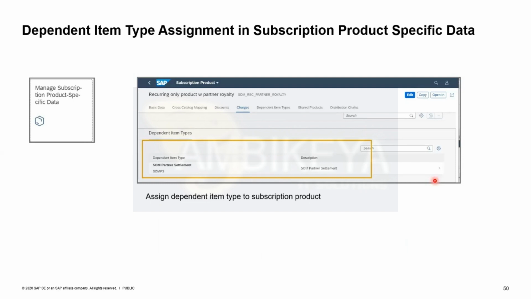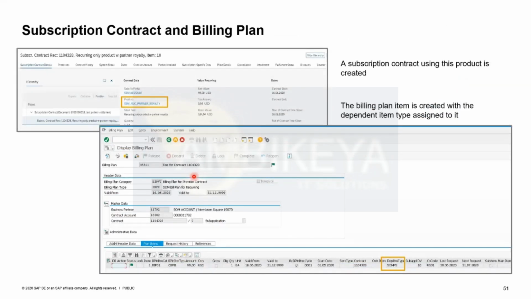In manage subscription product specific data, we can assign a dependent item type. This is one of the blocks where you can assign it.